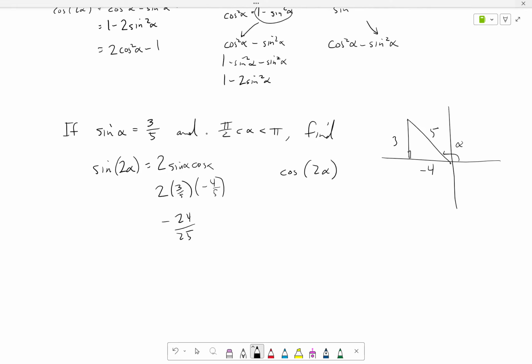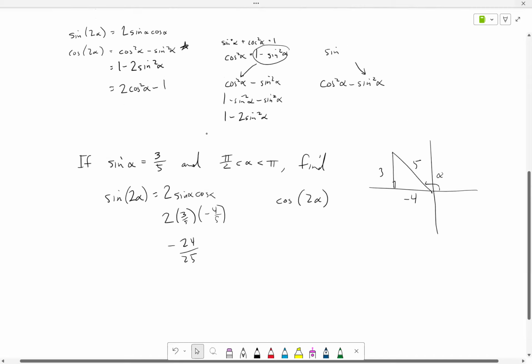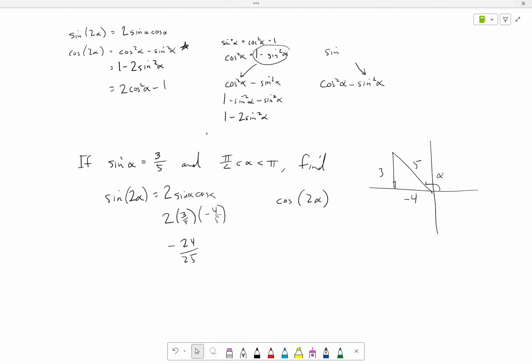When you go to cosine of 2 alpha, remember there are 3 different formulas you could use. Would it make sense, especially if we were just asked that one, to do the second one, since we were given sine?